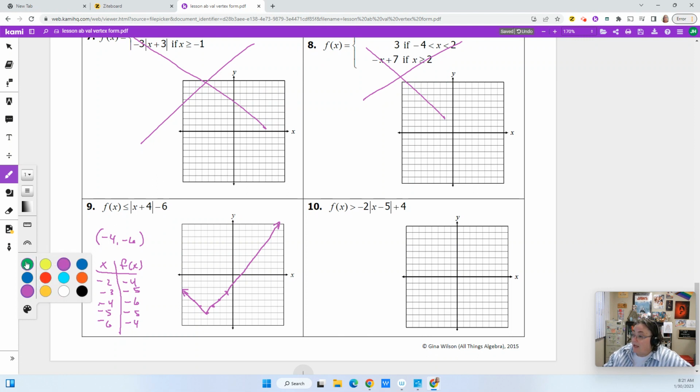Our f of x is all of the things underneath it. And that's what we mean by inequalities, right? We don't have just one solution, we have a whole set of solutions. And in this absolute value case, our solution set would be everything underneath that.